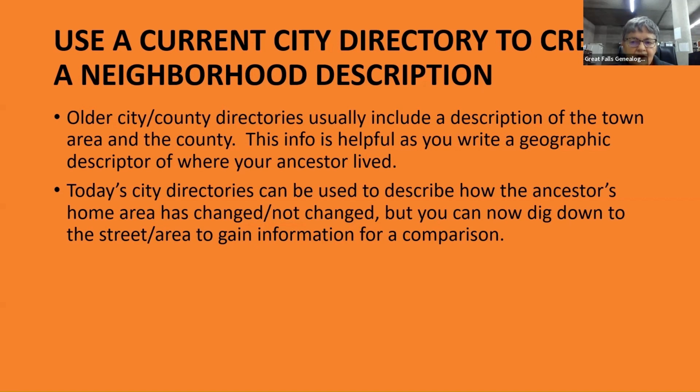Well, if I would have looked in the first place there, I would have known that my folks were not there in 1940, because that's where the information came from for the 1940 Kalispell directory, and I did not realize that.